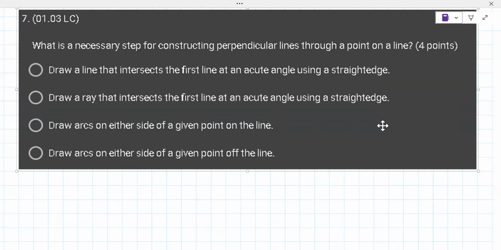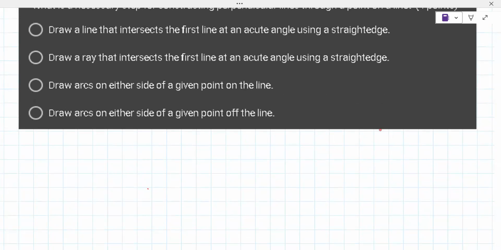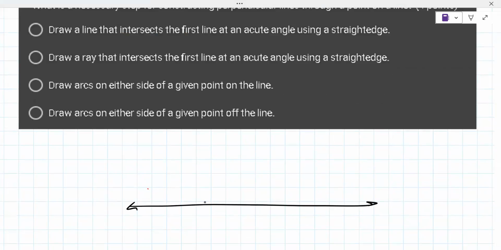All right, so the idea here is you've got some sort of a line like this. What you do first is draw a dot. Then you swing an arc and an arc, both the same distance.